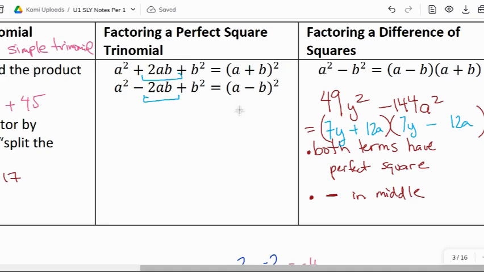Now, the hint to me is that first and last terms are perfect squares.